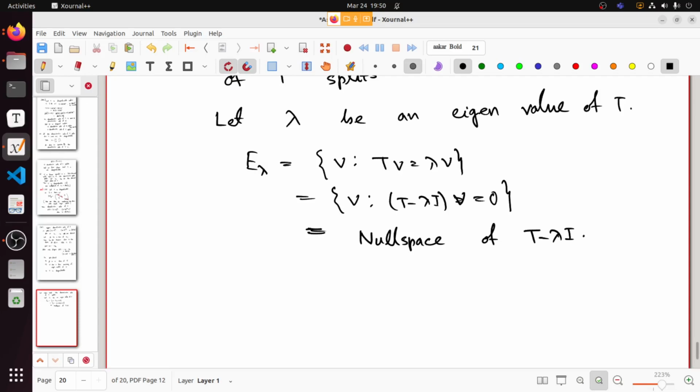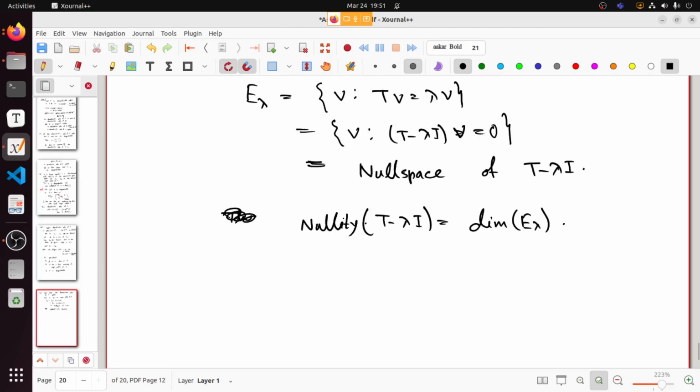So the nullity of T minus lambda I is the dimension of E lambda.